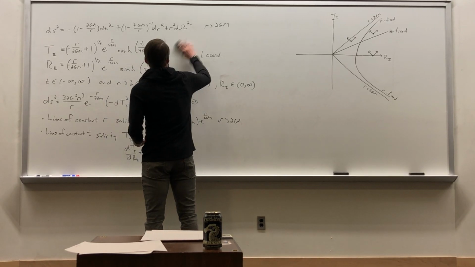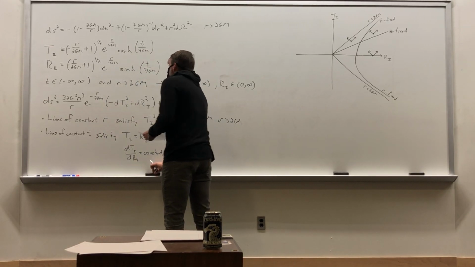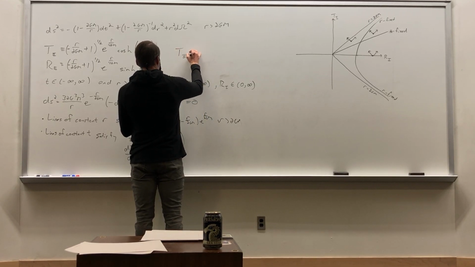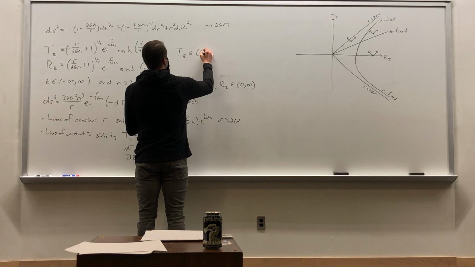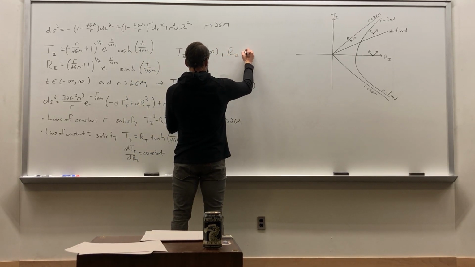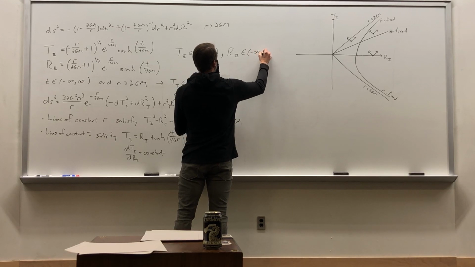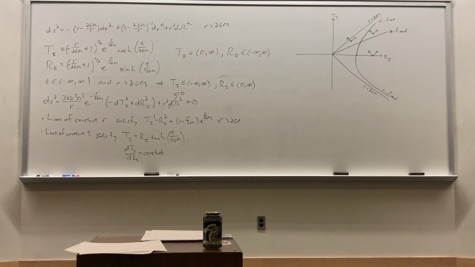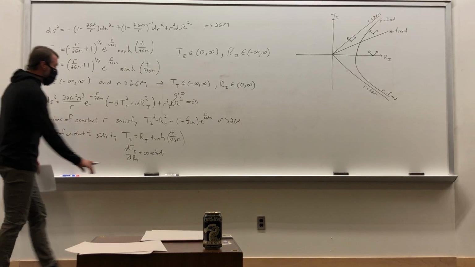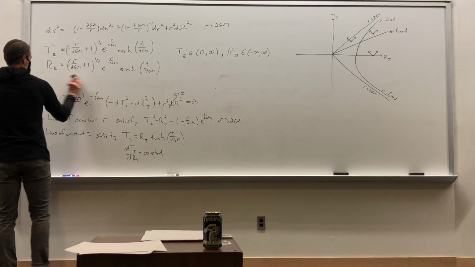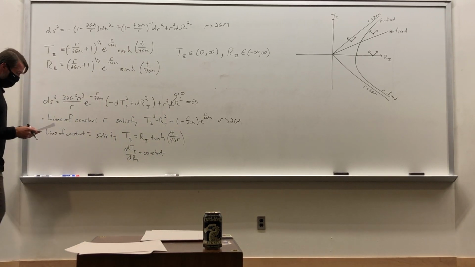And then what is important is that in these coordinates, T2 now ranges from 0 to infinity, whereas R2 now ranges from minus infinity to infinity. Okay? If we write the metric in terms of these coordinates, then it's going to take the following form.